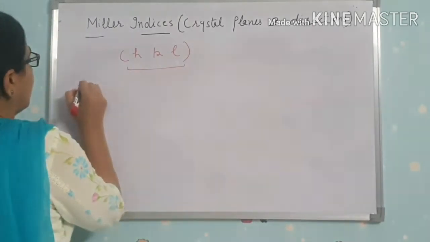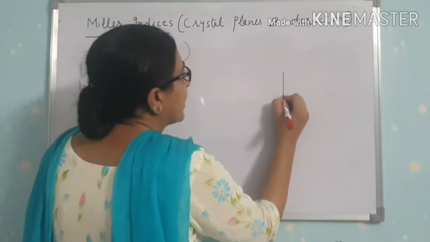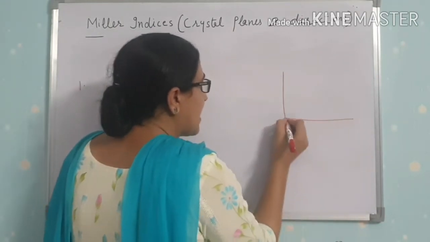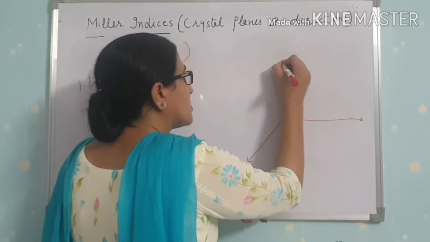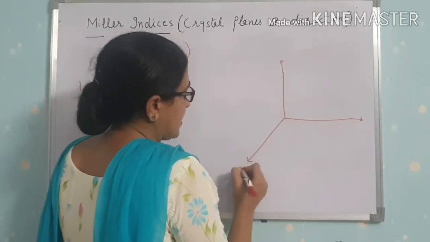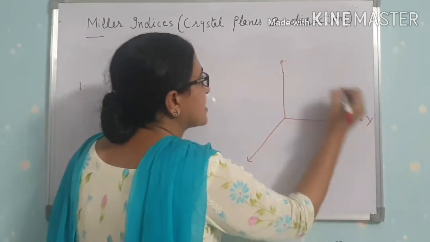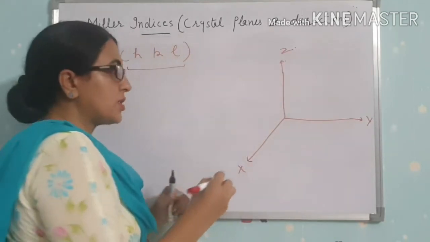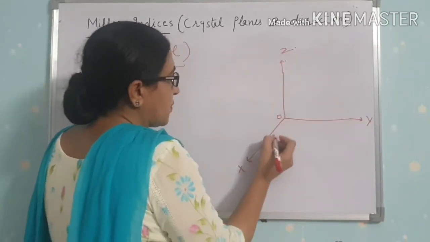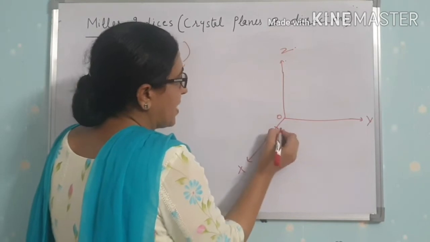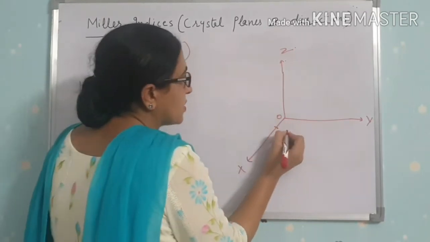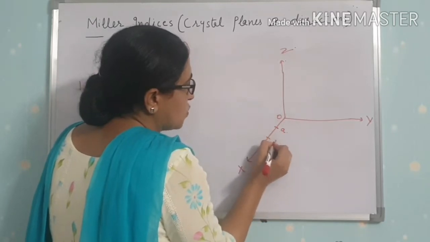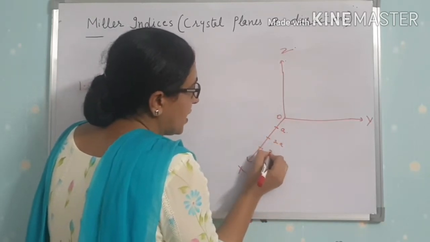For this we take any crystal lattice and take any plane. Suppose this is the x-axis, this is the y-axis, this is the z-axis. Clear? This is origin O. We know that the fundamental translational vectors are A, B, C. So this is A, this is 2A, this is 3A.